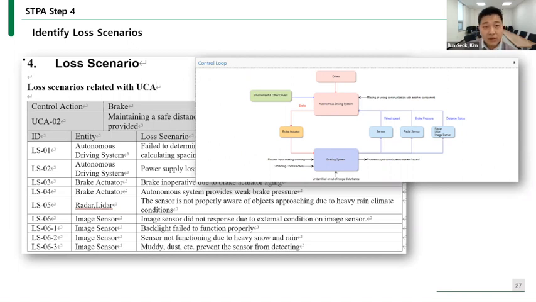Also, it could be a brake control problem, braking system failure or sensor failure. Through these diverse perspectives, you can identify loss scenarios. If you want to analyze more deeply, you can find the causal factors based on these loss scenarios. This process is good for setting the functional safety requirements of your system.